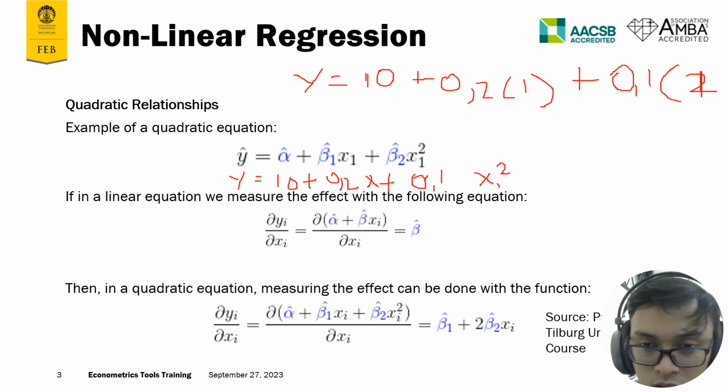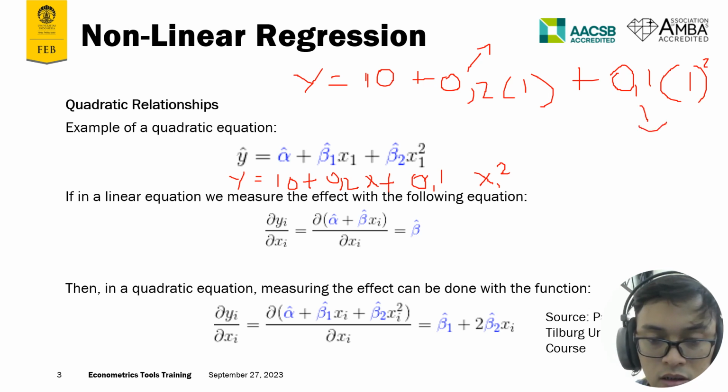Sorry, this one is 1. So the incremental is now the beta here, and then here multiplied by this one. But now if the x is 2, here is 2, then this one is also 2.